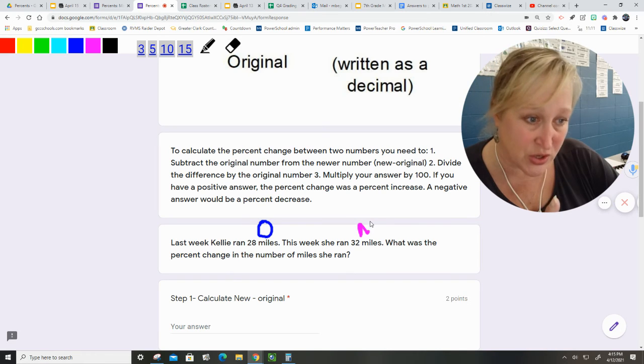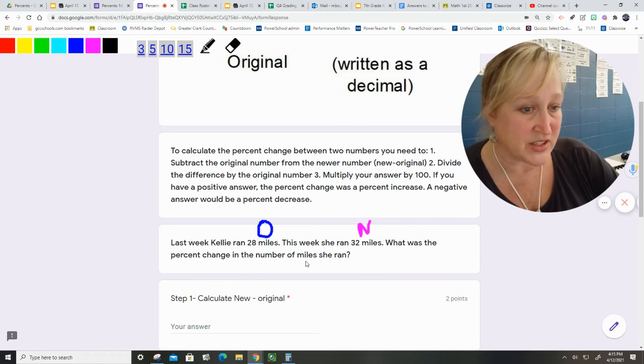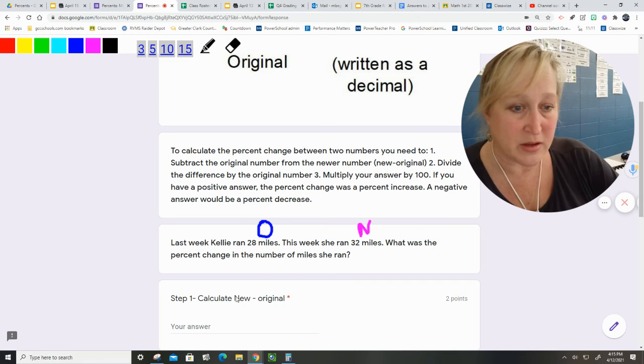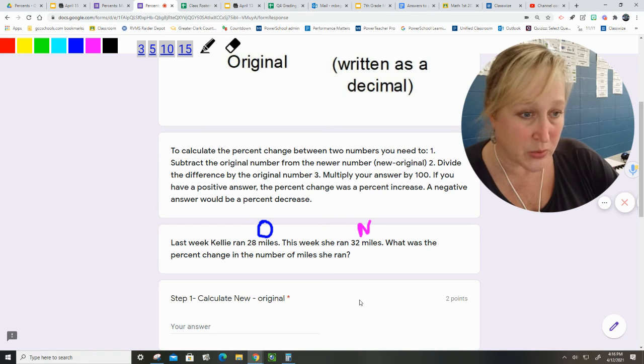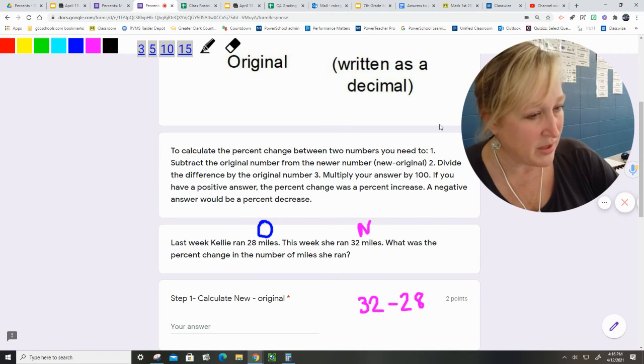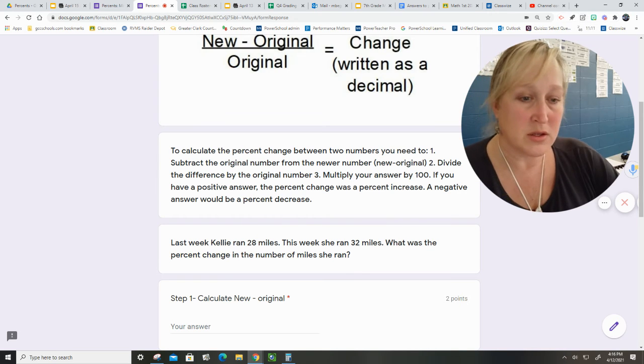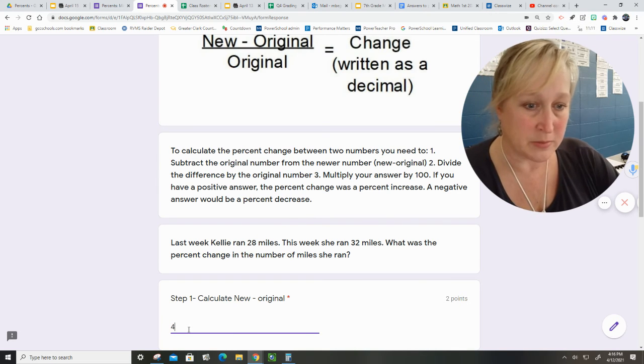This is the new. What was the percent change in the number of miles that she ran? So step 1, it tells me to do the new minus the original. 32, take away the original, which is 28. If I did my math right, I'm going to get 4. So I'm going to type 4 right here.